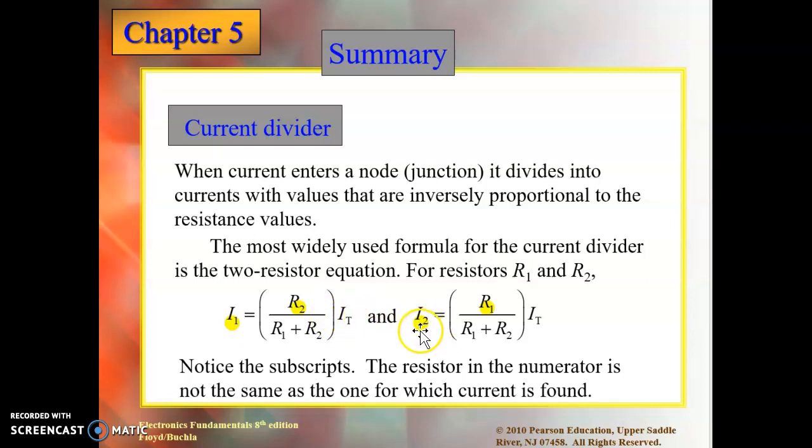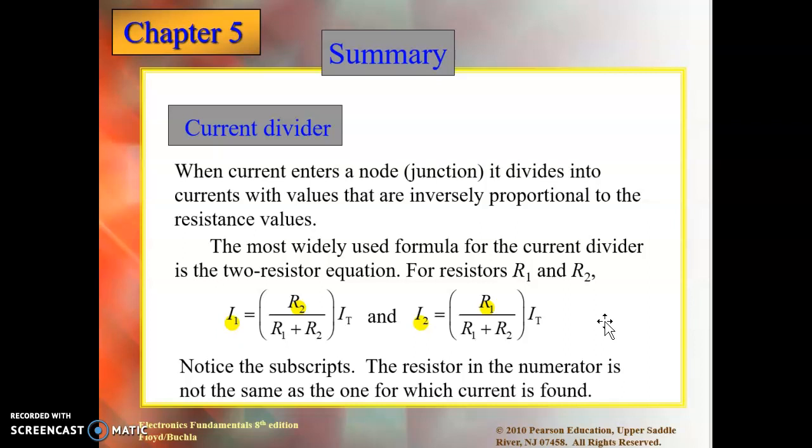Likewise, if I want to find I2, it's always the opposite resistor divided by the same sum. They both share the same denominator, multiplied by the total current entering that junction. The resistor in the numerator is not the one in which the current is found. No, it's always the opposite, the one right across from it. That is in your book.